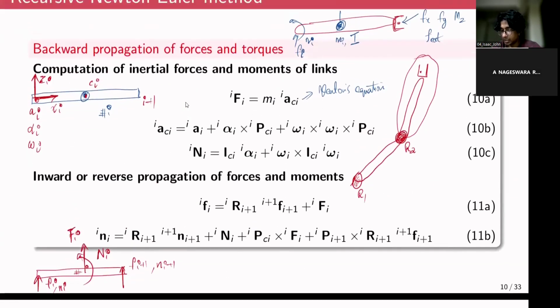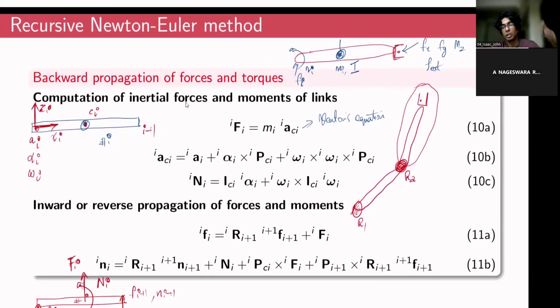Yeah. So again, this is a systematic procedure. First you have to propagate the velocities in the forward direction, and then you propagate the forces and moments in the reverse direction, and then substitute everything into the Newton-Euler equation, which is this one for the inertial forces and this one for the inertial moments, and then do the force balances and moment balances for each and every individual link.